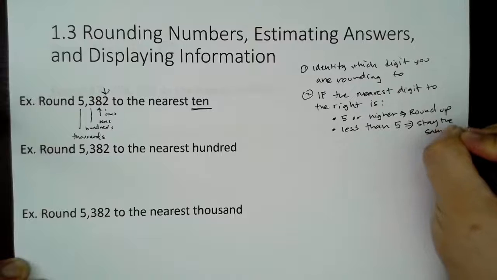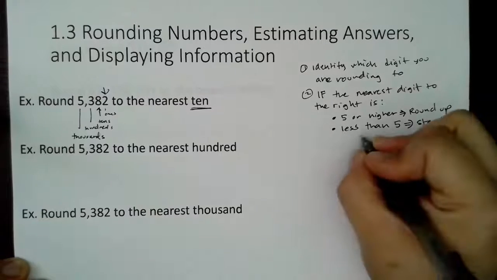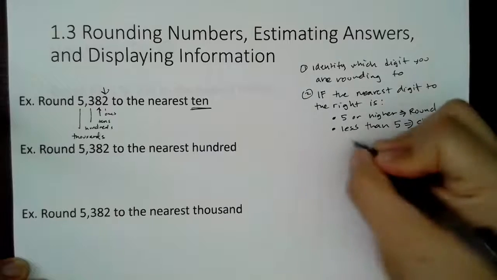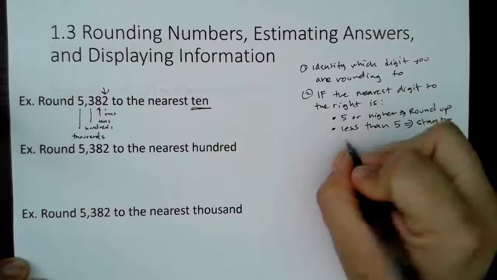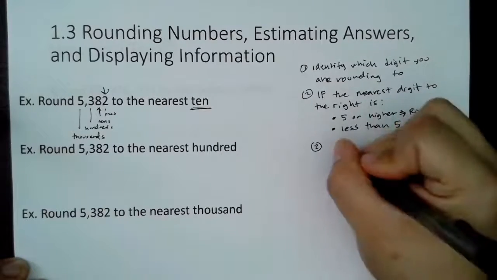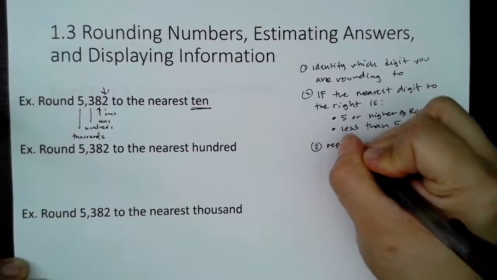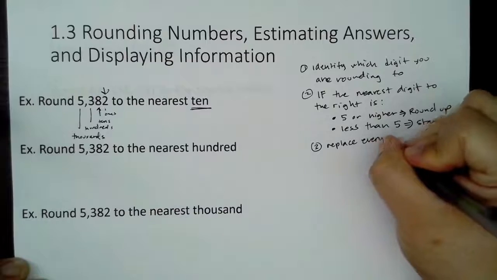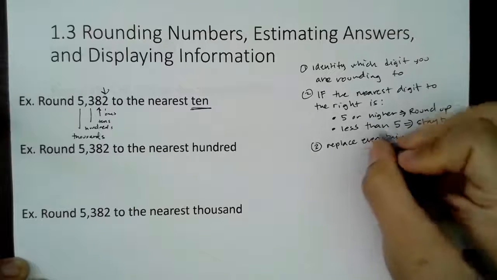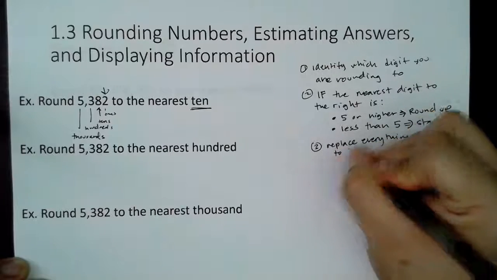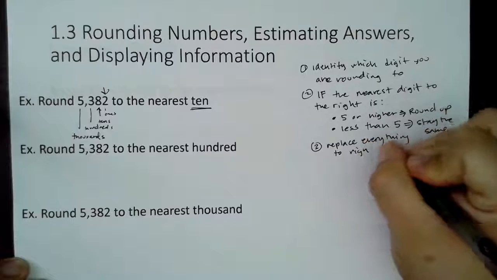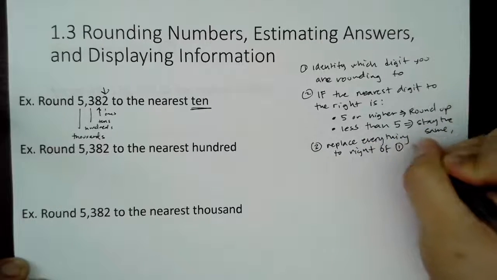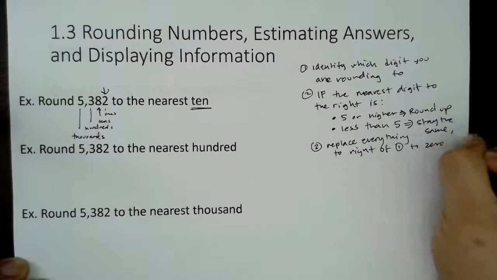We keep the number the same. Then we replace everything to the right with zeros, meaning all the digits to the right of whatever it is that we're rounding to become 0.